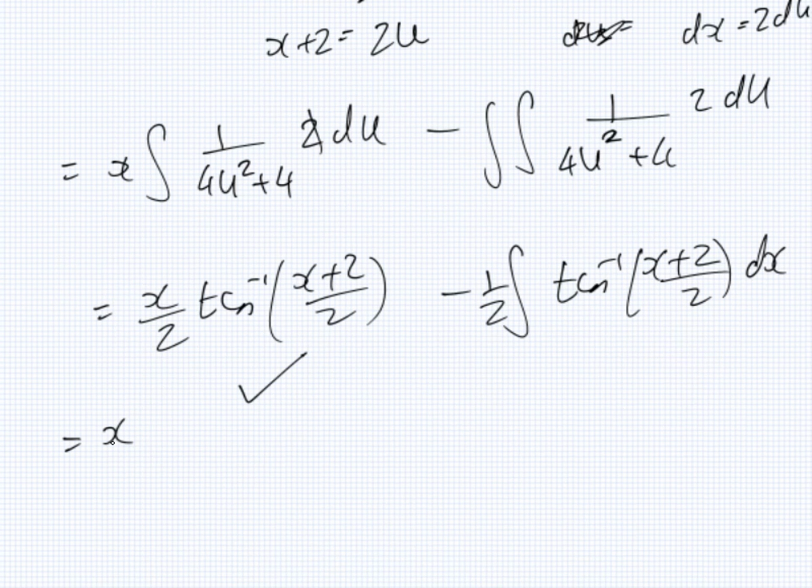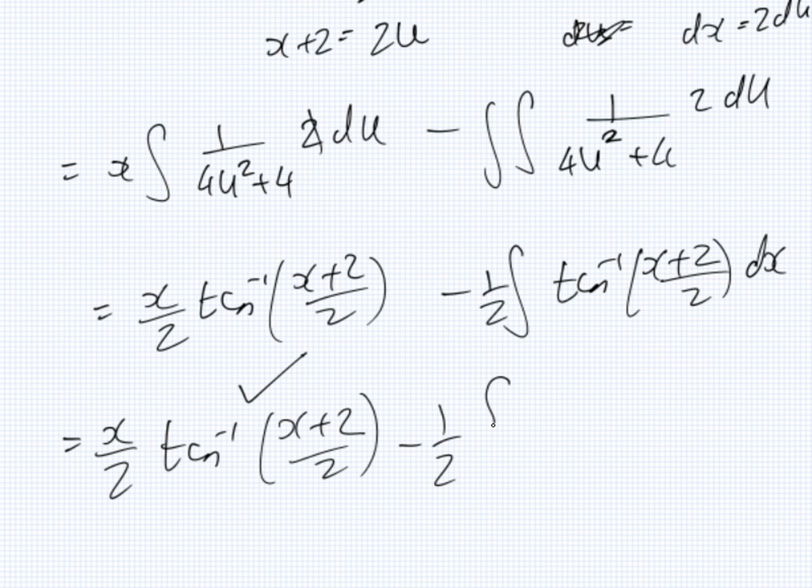Now, this is x over 2 tan inverse x plus 2 over 2 minus a half, integrate tan inverse x plus 2 over 2 times 1 dx.